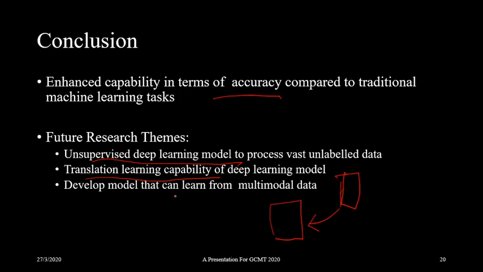And three, multimodal data: develop models that can learn from multimodal data, meaning that rather than just taking in images, they can take in both images and maybe text, process this, and give us the desired output. These are the three future research directions in terms of deep learning application.